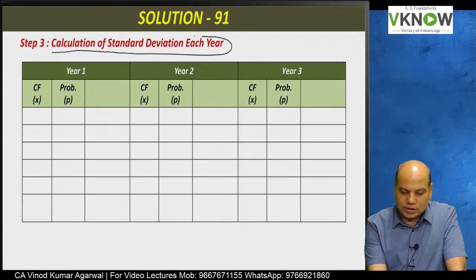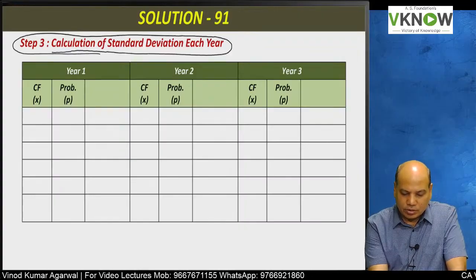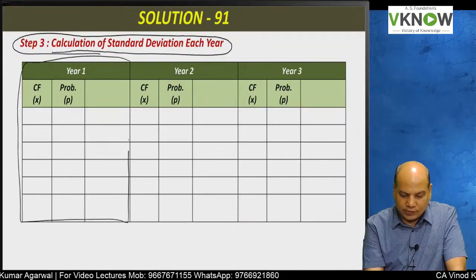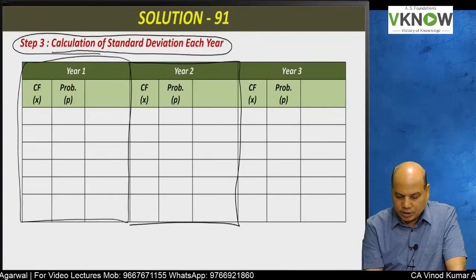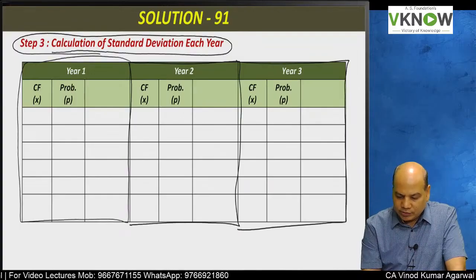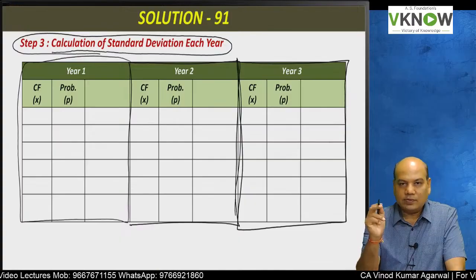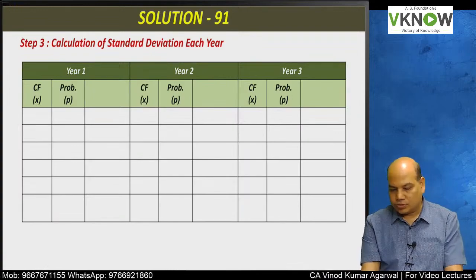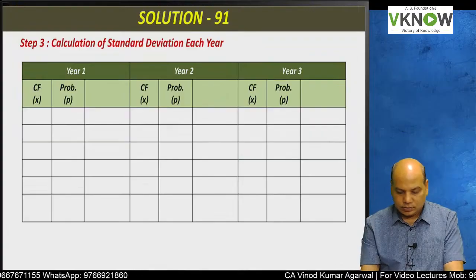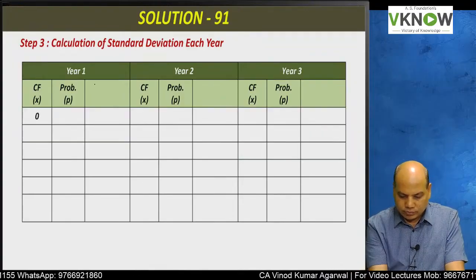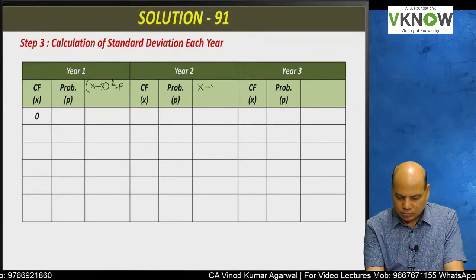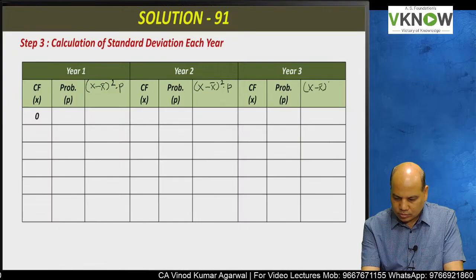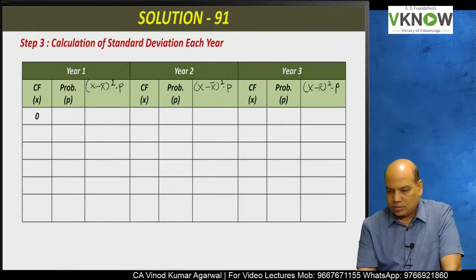Now write down step 3. We need to compute first the standard deviation of each year. When each year's cash flows are separately given with separate probabilities, first you need to find the standard deviation of each year. Draw the table.